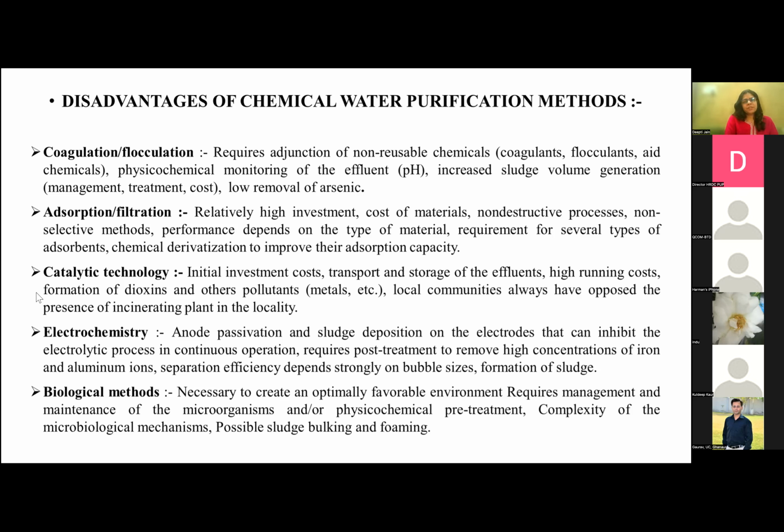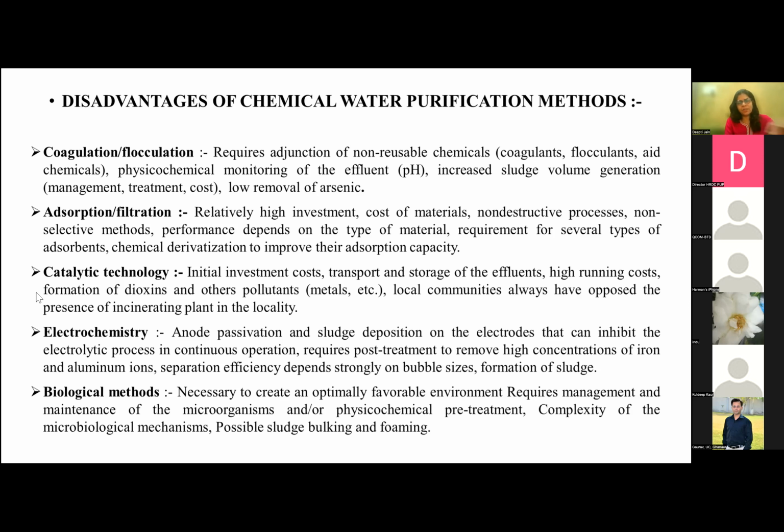Coagulation and flocculation, this is the main disadvantage. It requires injection of non-reusable chemicals, that is coagulants, flocculants, add chemicals, and physicochemical monitoring of the effluent. If we are using such things to control water quality, then physicochemical monitoring of the effluent, such as pH, all those things have to be monitored from time to time, because whatever chemicals we are using, they are being consumed and then they stop working in that fashion.